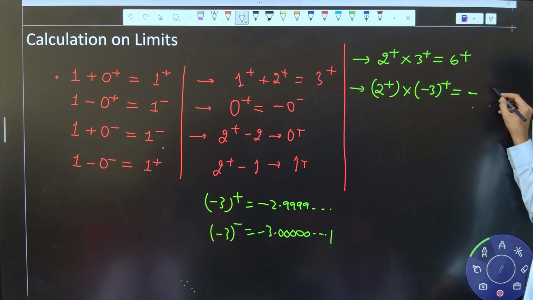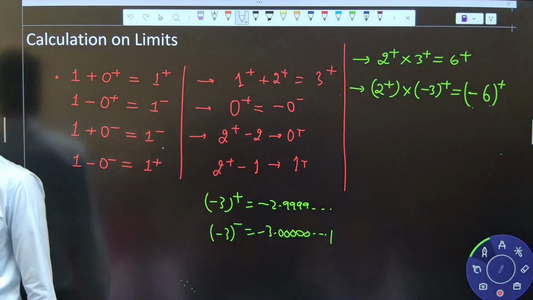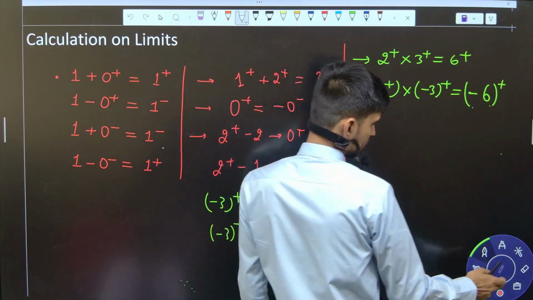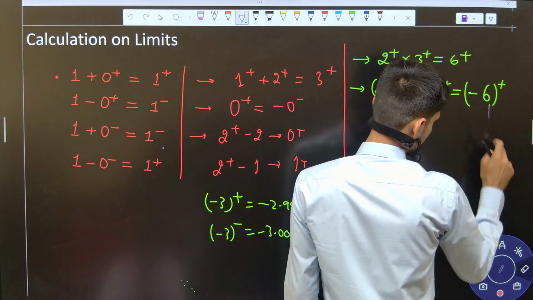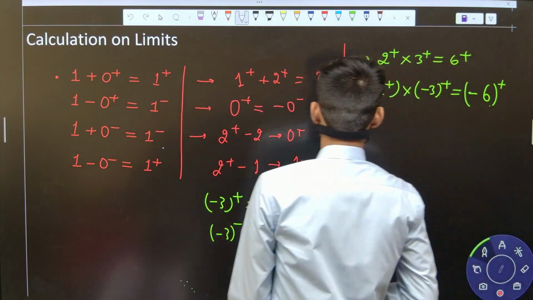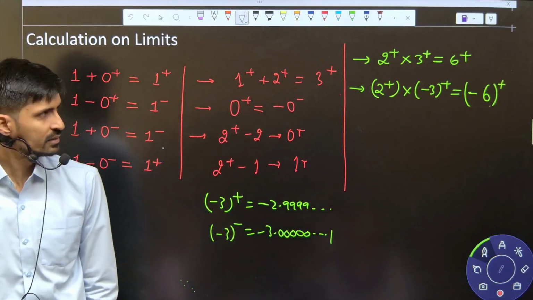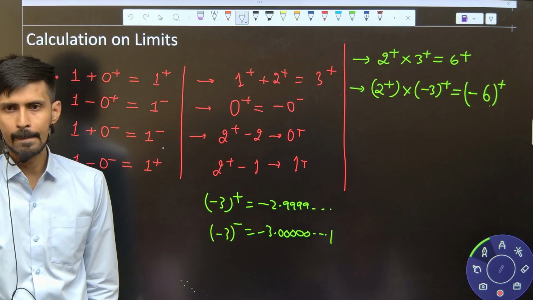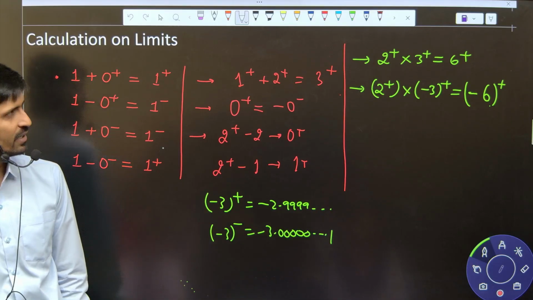So that will be minus 6 plus. Minus 6 plus. Okay? No problem? Okay?